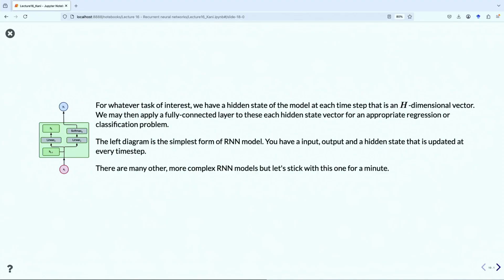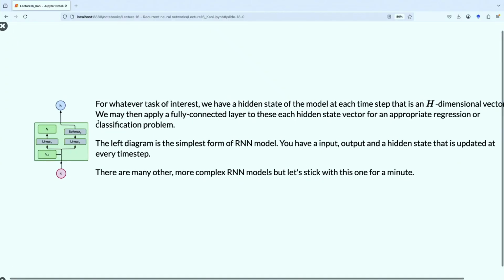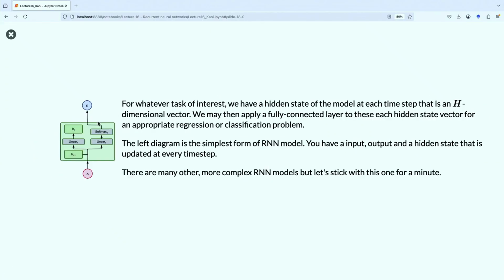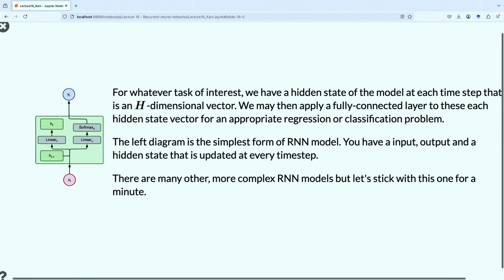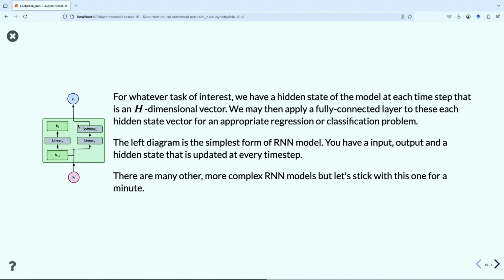The most basic type of recurrent neural network is, again, you have a hidden state and an input state. These get appended together, and then they get passed into 2 linear layers.